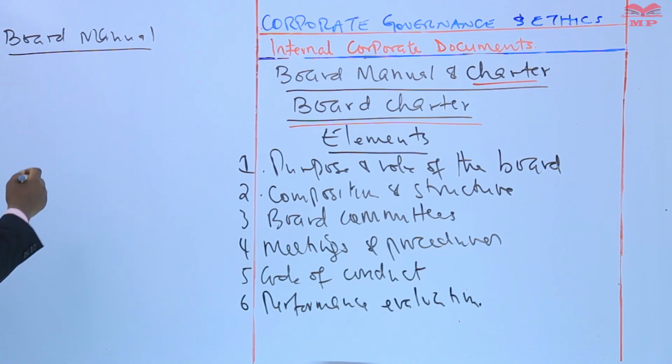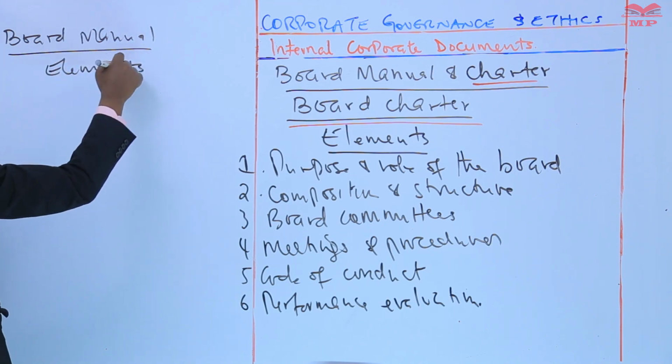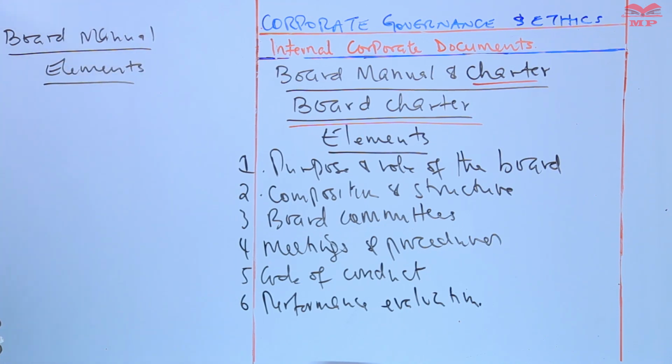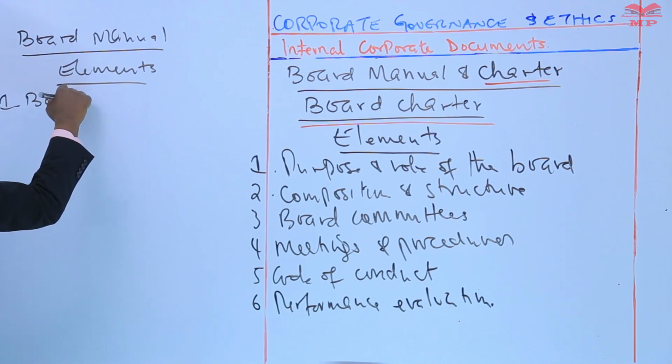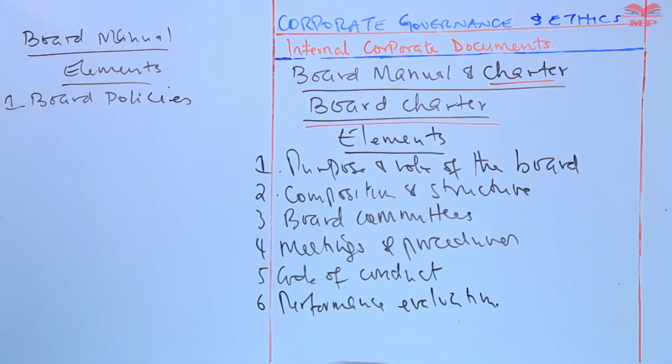And here are the elements of a board manual. We have board policies, number 1. These are detailed policies on various aspects of board governance, such as conflict of interest, related party transactions, and confidentiality.